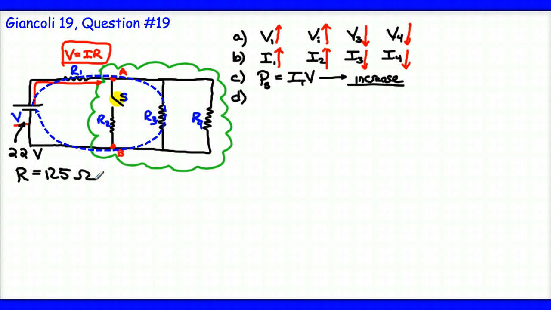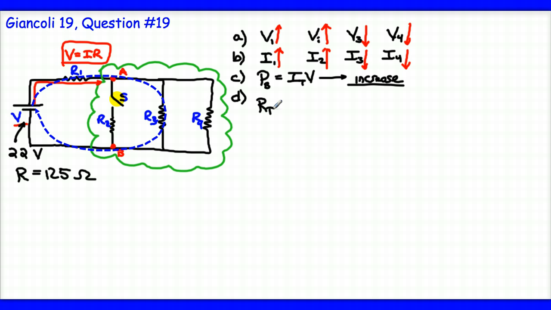So let's start before closing the switch. Before we close the switch, resistor R2 is not part of the circuit. The switch is open, so no current flows through the branch from node A to B. So we really have parallel legs with resistors R3 and R4. What I'm going to do first is find the total resistance in the circuit when the switch is open.